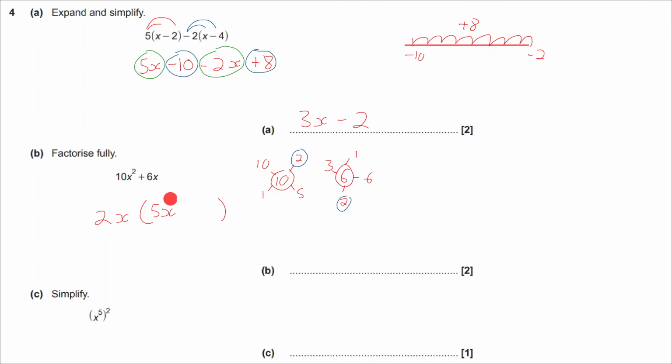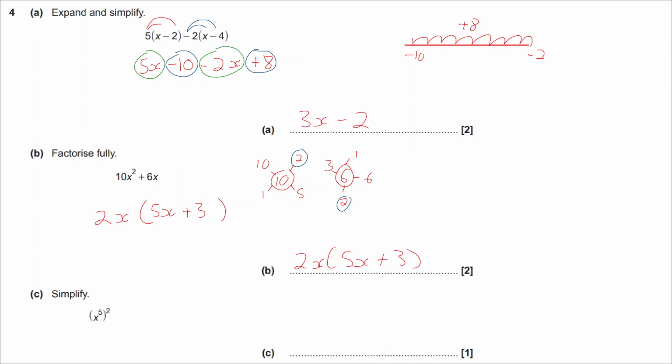And then 2x times by a positive 3 gives you 6x. So we get 2x bracket 5x plus 3, and that is your answer.